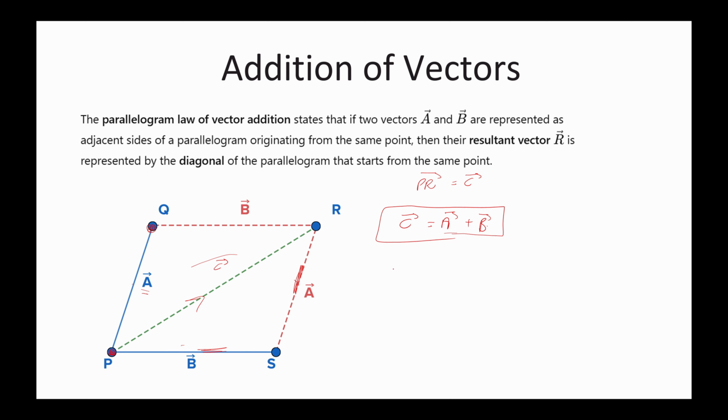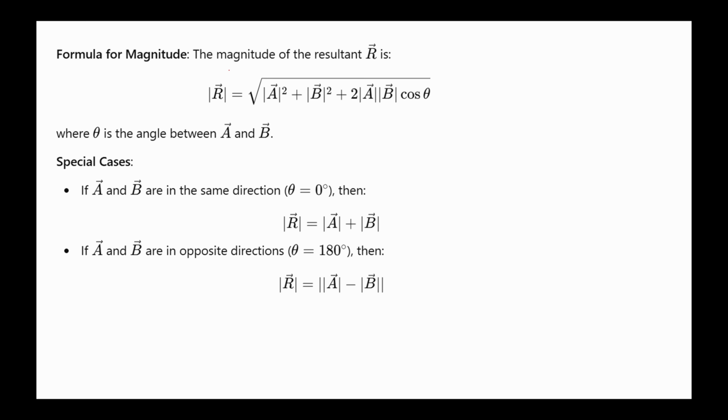Now let's say if I was to take out the magnitude of this c vector, it would become modulus of a vector plus b vector, and let's say the angle between a and b is theta. So how are we going to find out this value? The formula for the magnitude of the resultant vector, this is basically our c vector, would become root under a vector mod square plus b vector mod square plus 2 a vector mod b vector mod cos theta.